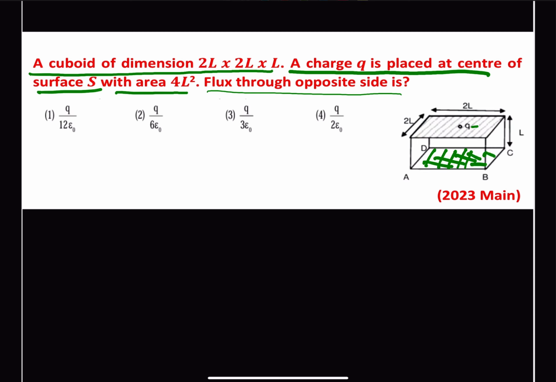For that we are going to draw a symmetric cuboid, because we are going to use Gauss law, and Gauss law always talks about the charge enclosed. So we draw a cuboid which will be symmetric to the given cuboid.